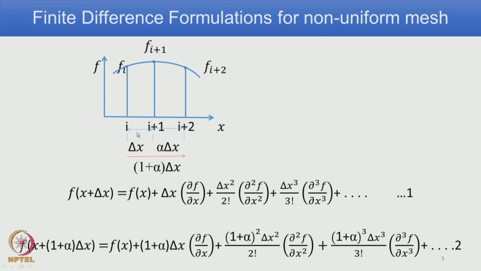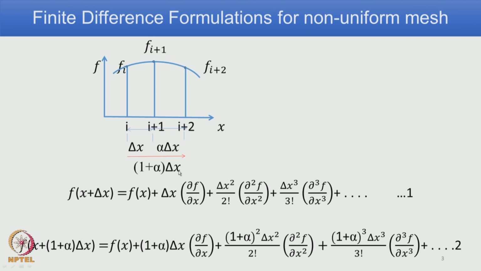Unlike the other case, the distance between I plus 1 and I is delta x, and the distance between I plus 2 and I plus 1 is alpha times delta x. And if you look from I, I plus 2 is at a distance of 1 plus alpha delta x.